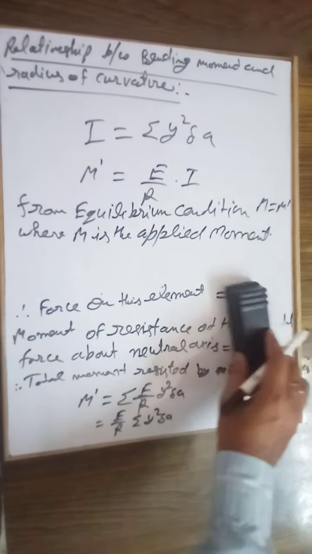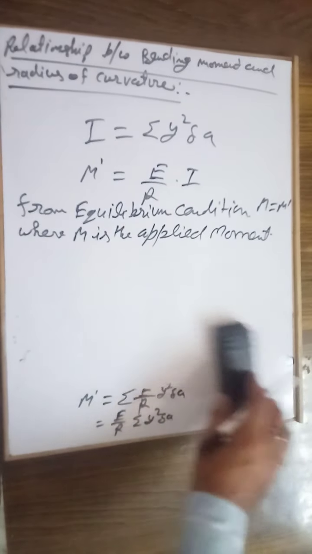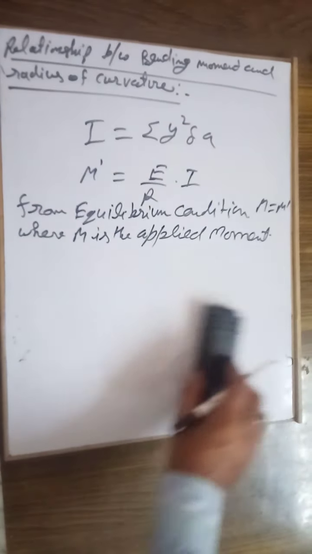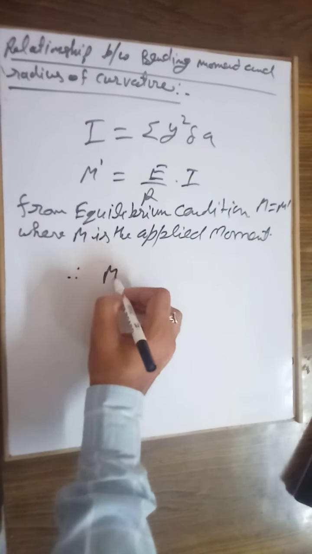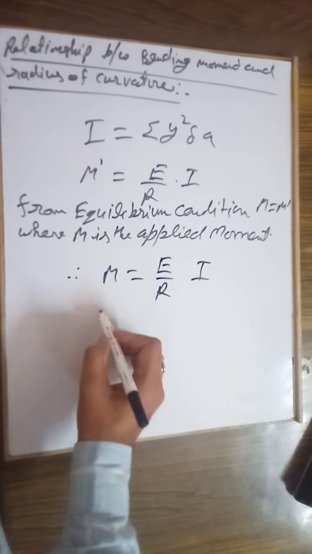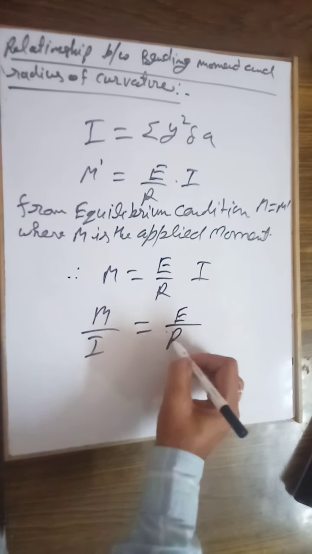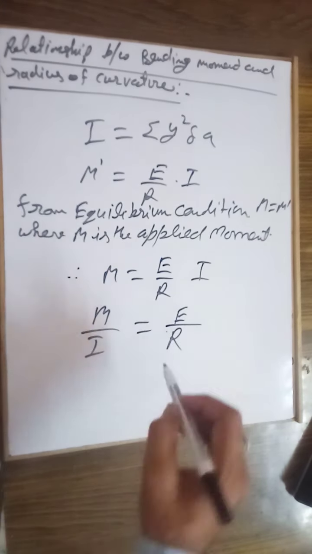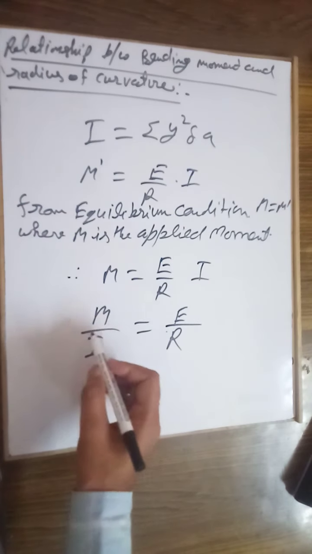So we can write finally M is equal to E upon R I, or M upon I is equal to E by R. In our equation number 3, we have calculated the relation between that.